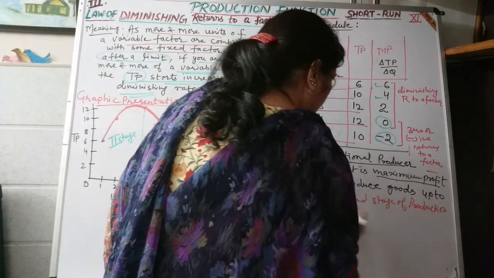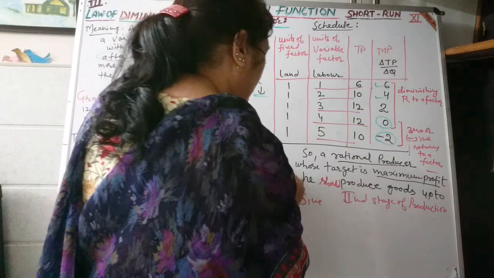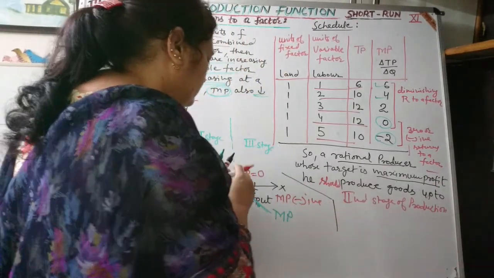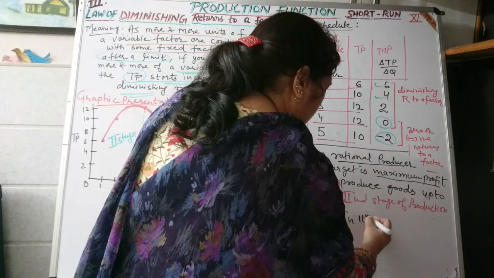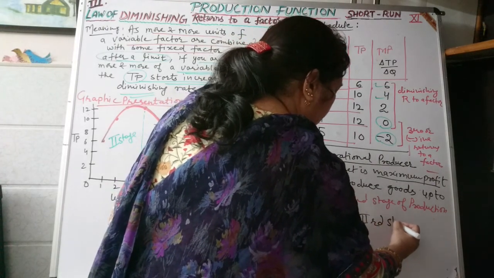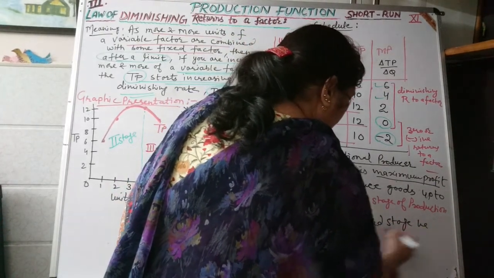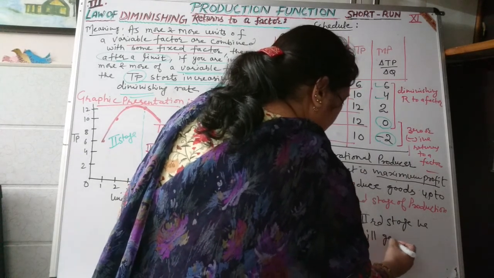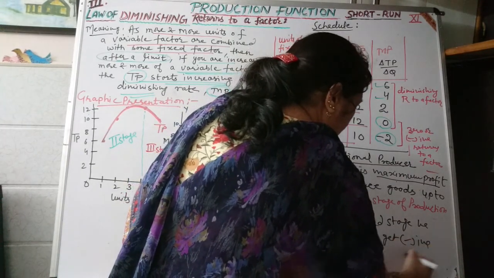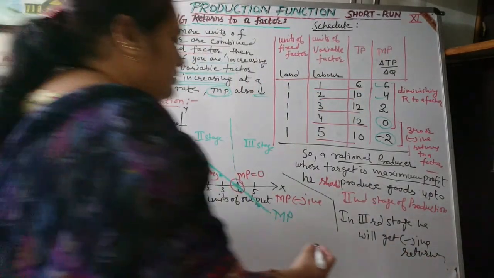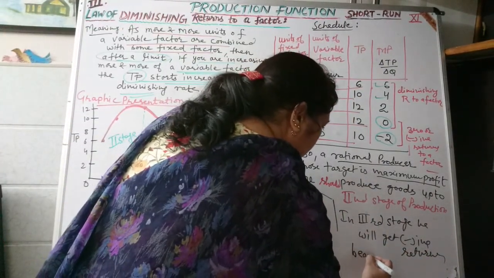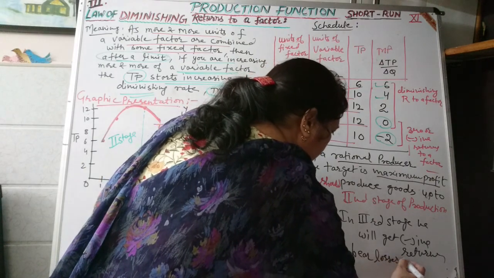But if he produces beyond this production level, as soon as he enters the third stage, he will get negative returns. It means he will bear losses there.